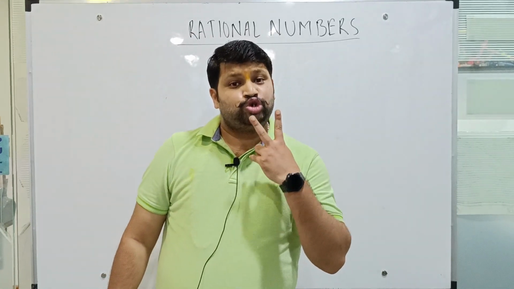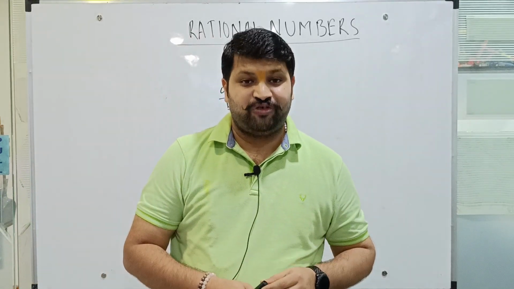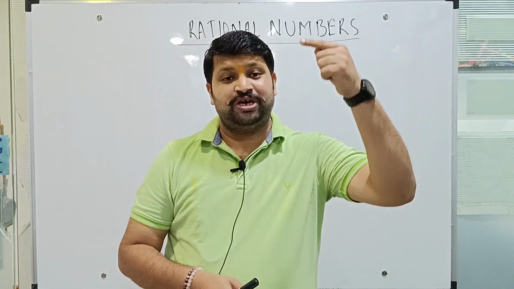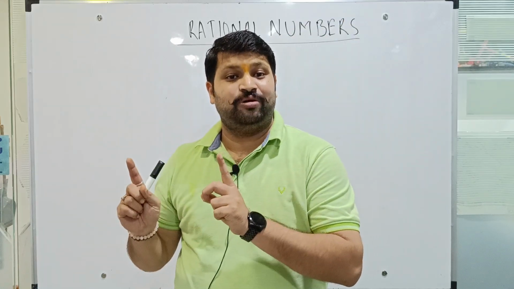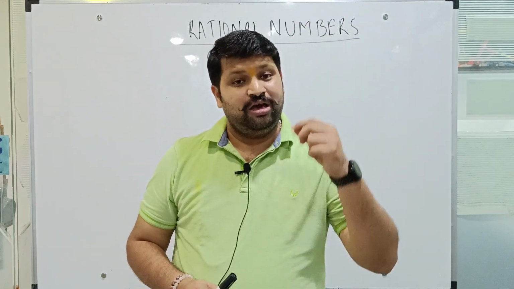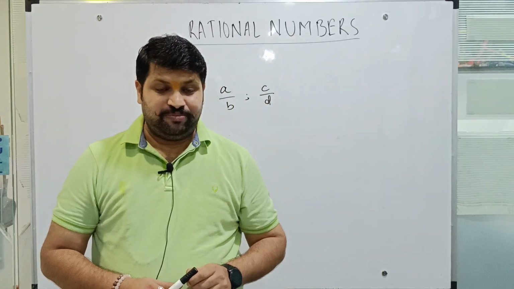So we follow two rules when we talk about standard form of rational numbers. The first rule is, there shouldn't be any common factor between P and Q apart from number 1, and the denominator would always be written as a positive number.